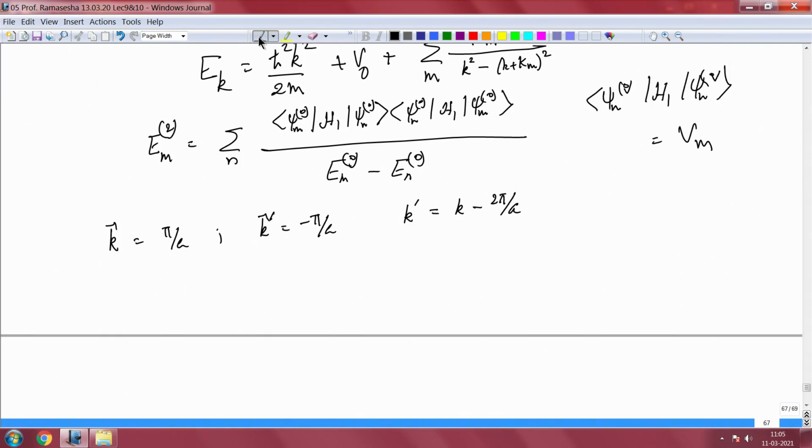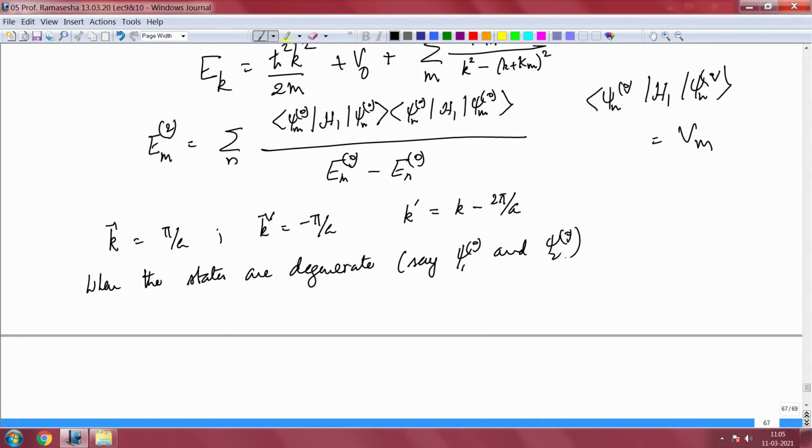So in the case of degenerate perturbation theory, when the states are degenerate, say psi 1 0 and psi 2 0 are degenerate, then we need to set up the matrix of the perturbation in the basis psi 1 0 and psi 2 0.